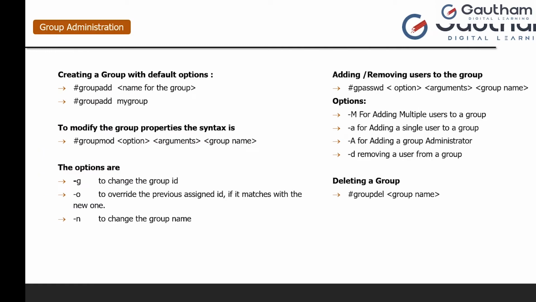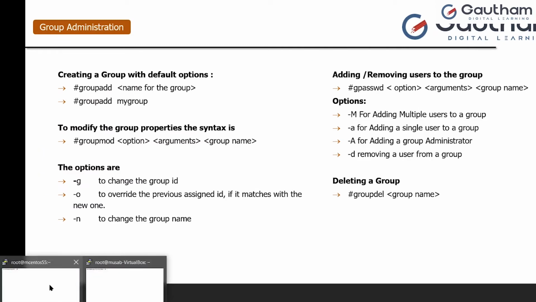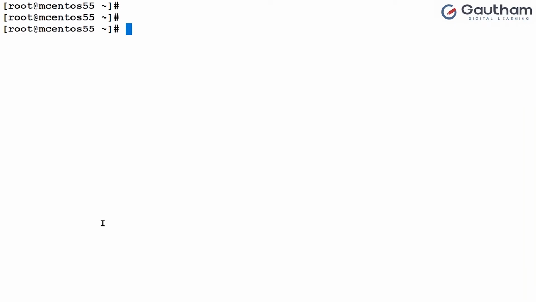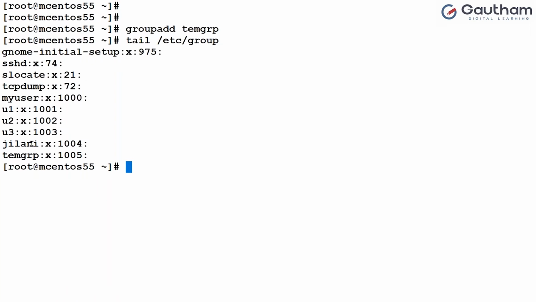Now let us see how we can create a group over here. To create a group, you can use the command groupadd, and you can add a group with a name called temgrp, whatever the name of your choice is. Now, if you go to tail /etc/group, you'll find that there is a group added over here with the name temgrp. In the same way, I would like to add one more group, and to this group I want to give my choice of ID.